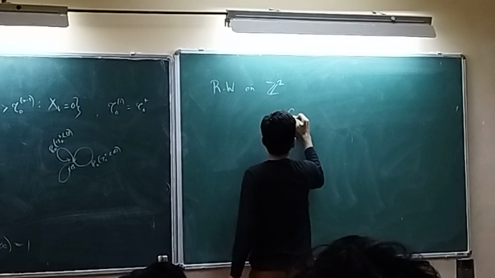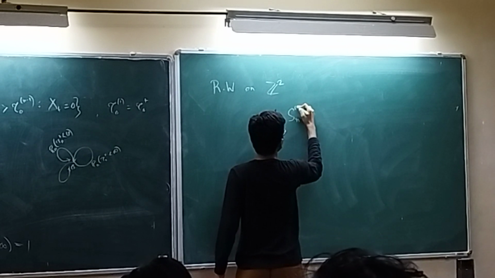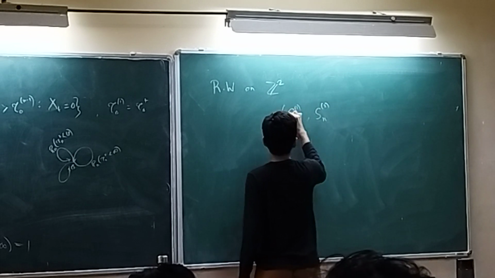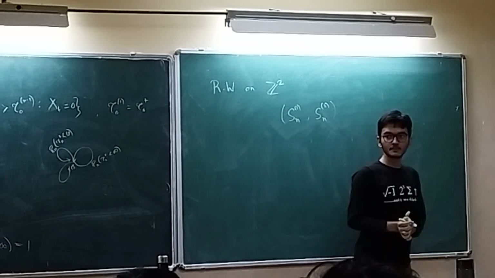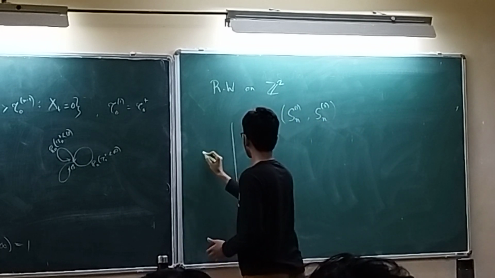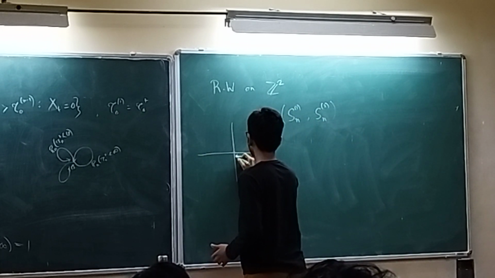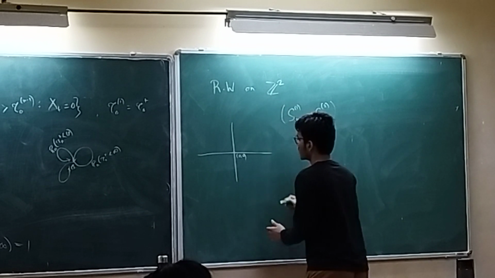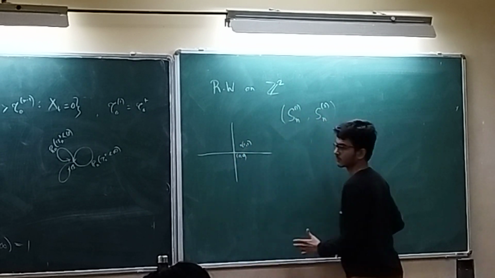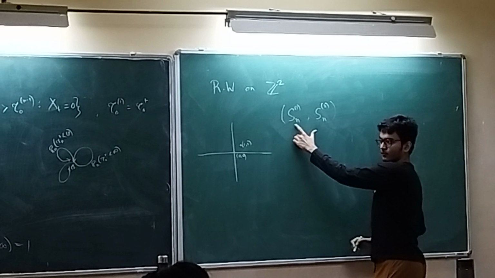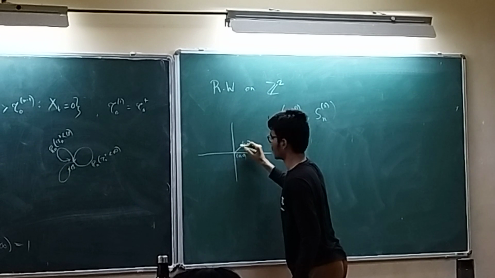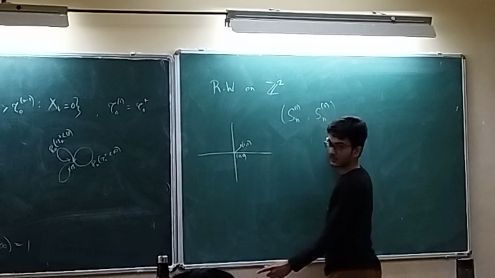Now I will model this random walk on Z2 a little bit differently. So let's take 2 random walks on Z, and these 2 are independent. Now, what is the probability of moving to (1,1)? You need this one to move to 1, and you need this one to move to 1. What is the probability of that? 1/4, since these 2 are independent.